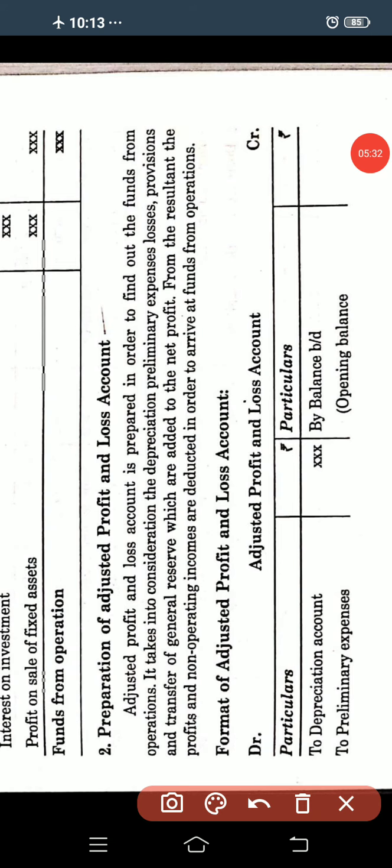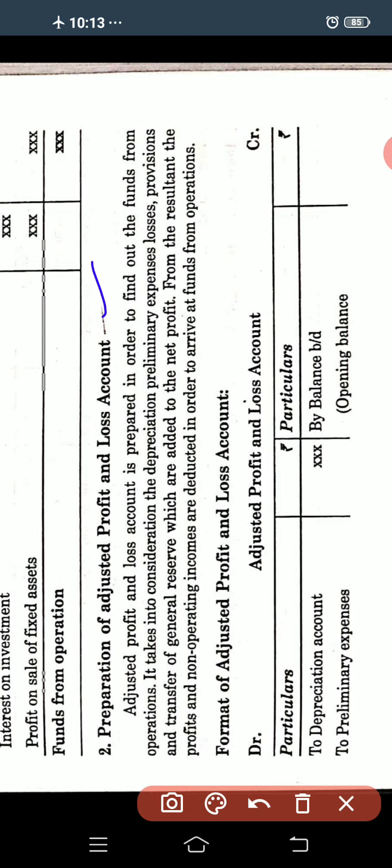And the second step is the preparation of adjusted profit and loss account. Here the adjusted profit and loss account is prepared in order to find out the fund from operation. So there are two methods to calculate the fund from operation. We can use any one method, whichever we find easy.